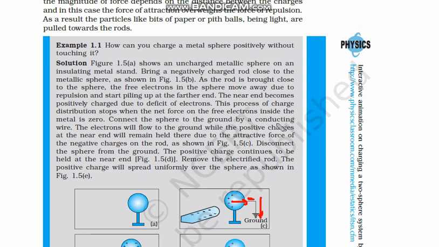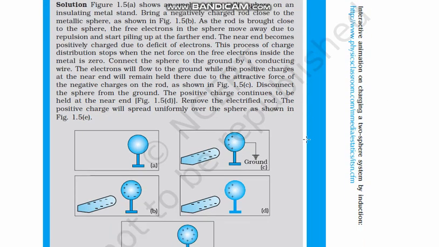Connect the sphere to the ground by a conducting wire. We have connected. The electrons will flow to the ground while positive charges at the near end will remain there, due to the attractive force of the negative rod. As I have said, this ground wire will help the negative charges go into the ground, and we had already discussed that the earth is one of the best conductors, because its capacity is infinite.